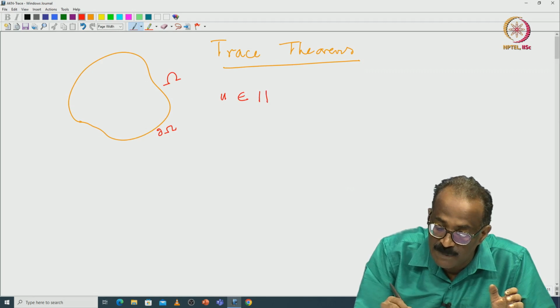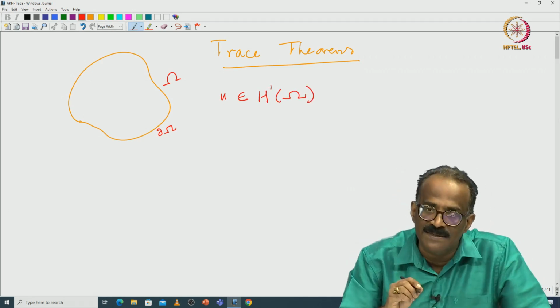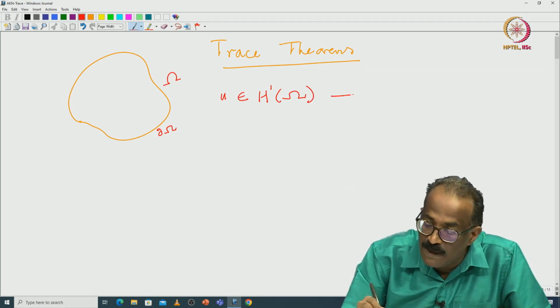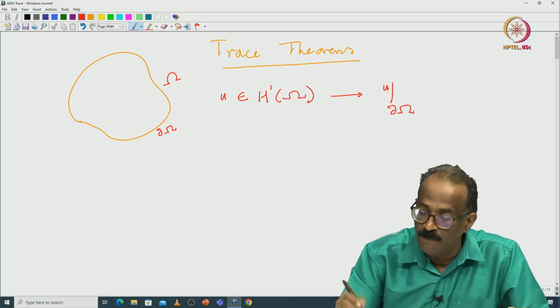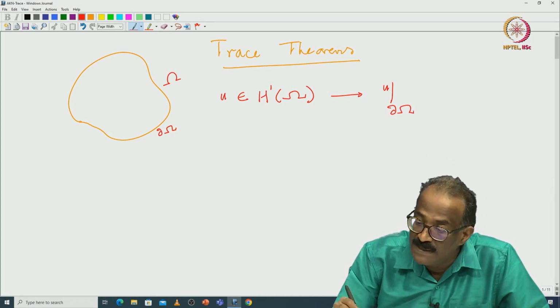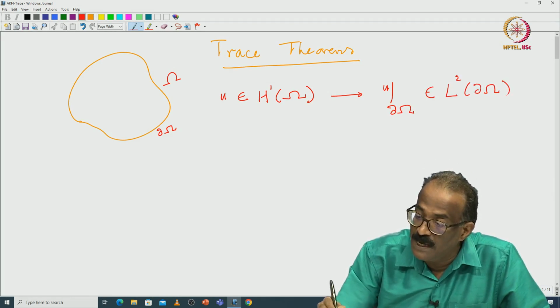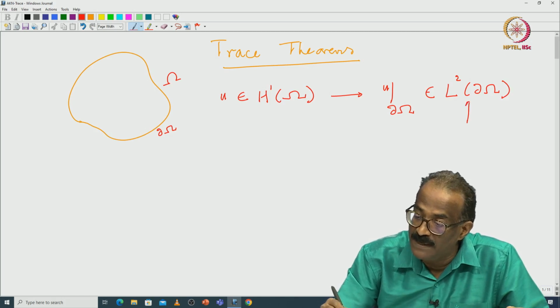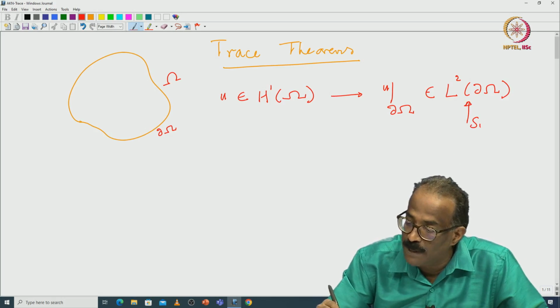Okay, so there are ways of doing it, but when u is in H1 of omega, the same trouble exists. But then in the trace theorem which I have already discussed, you have seen how to restrict u to the boundary, and that this u restricted to the boundary will be in L2 of d omega, of course defined by imposing the surface measure on d omega.